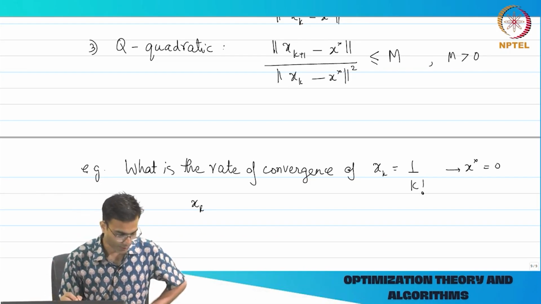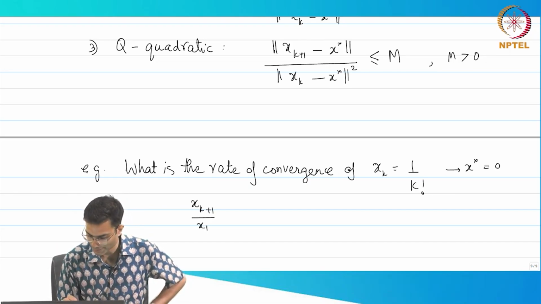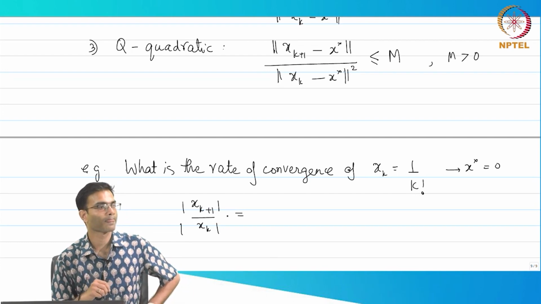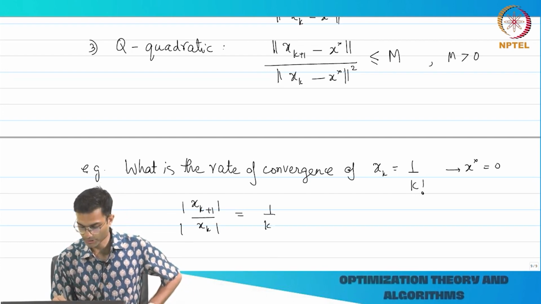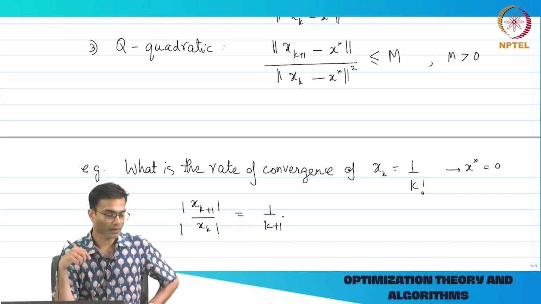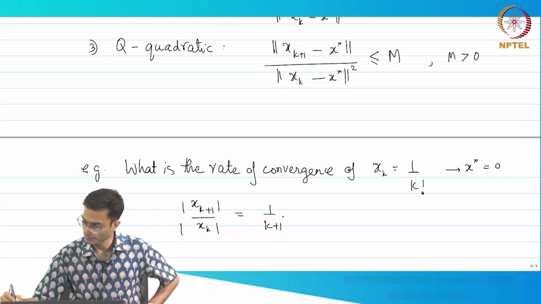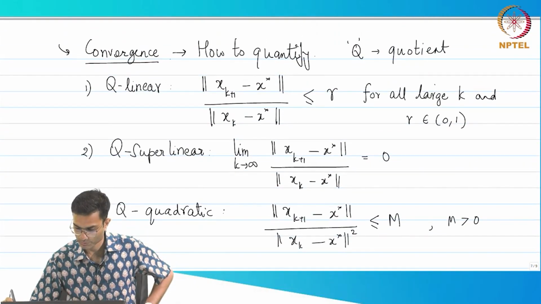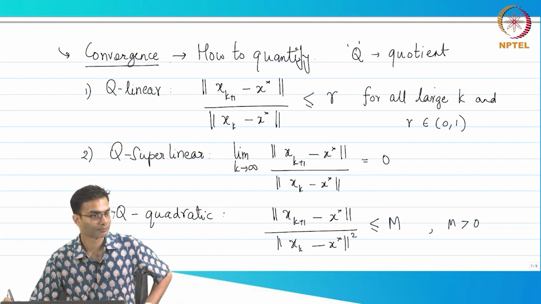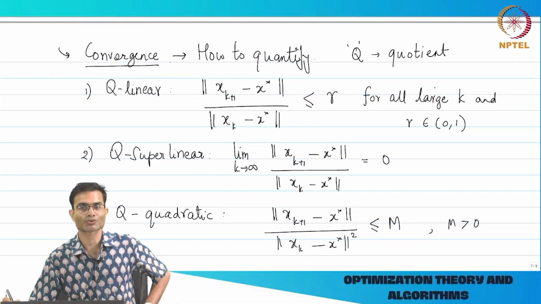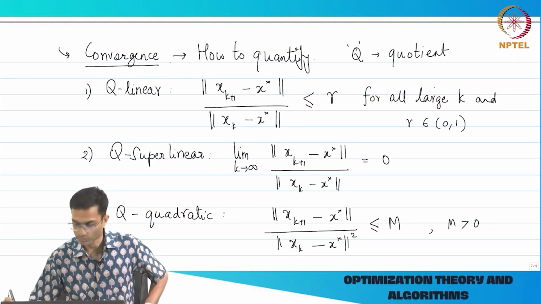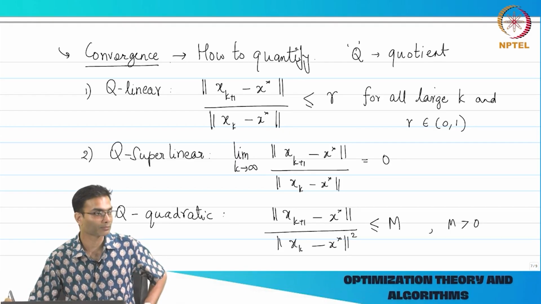So if I take, for example, xk plus 1 by xk, what am I going to get? 1 by k plus 1, right? Now 1 by k plus 1, what can I say? Look at the definitions. 1 by k plus 1, as k tends to infinity tends to 0, right? So this is superlinear, right?